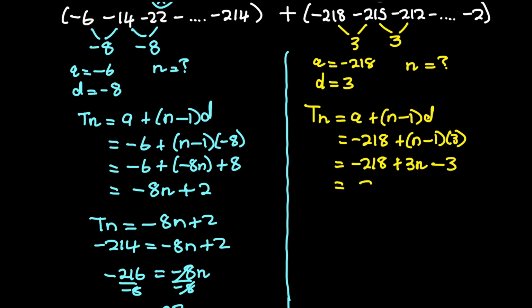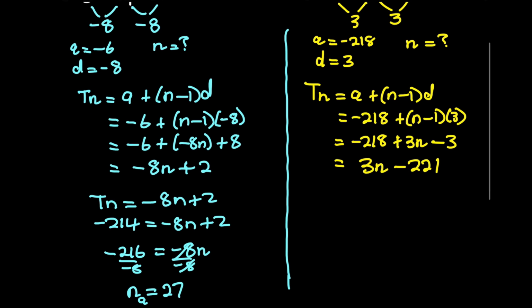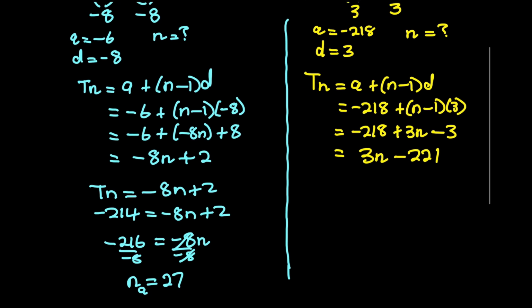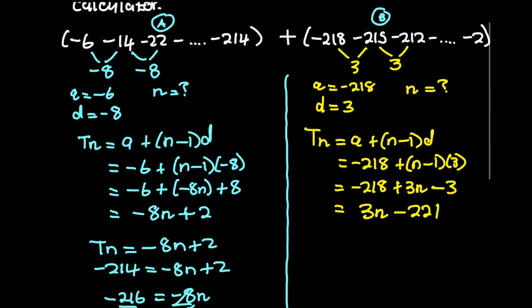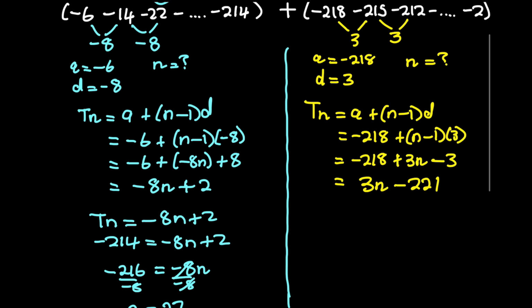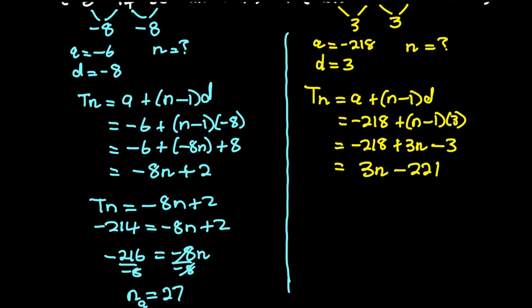So our general term of this one is negative 218 minus 3, which is negative 221. Sometimes you must use your mind to calculate so that you train it, because you can't always use a calculator. It helps to use your mind. In this series, we also have the last term. So we say Tn is equal to 3n minus 221.